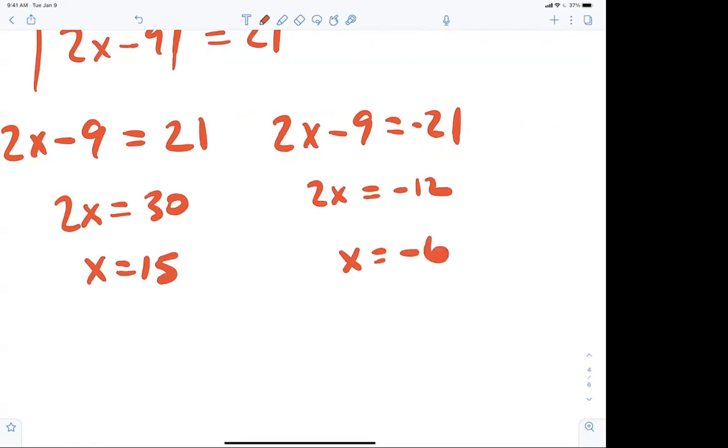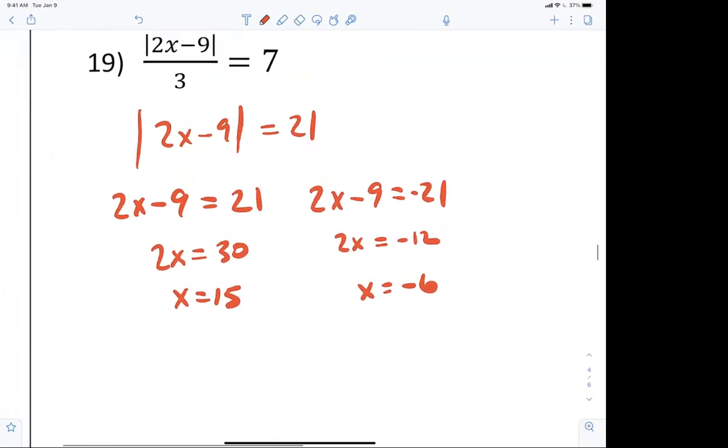So when you wrote, with the absolute value, 2x minus 9 equals 21, and then you wrote 2x minus 9 equals -21, doesn't the absolute value turn it positive? Look, if I replace what's inside with 21, will that be a good answer?